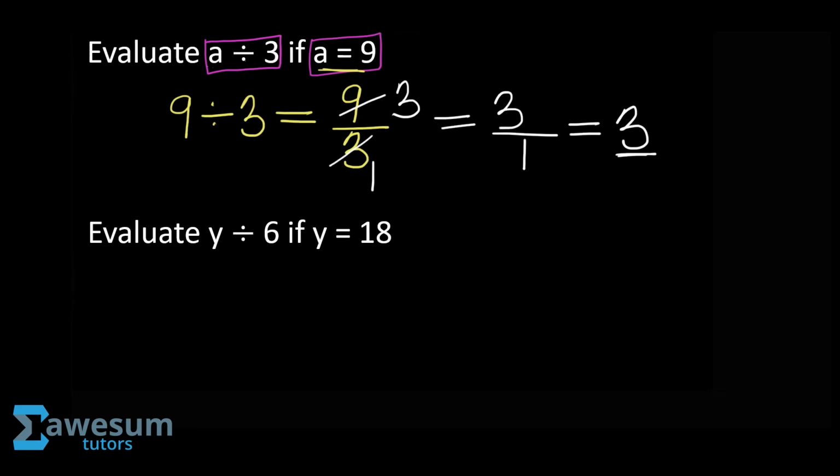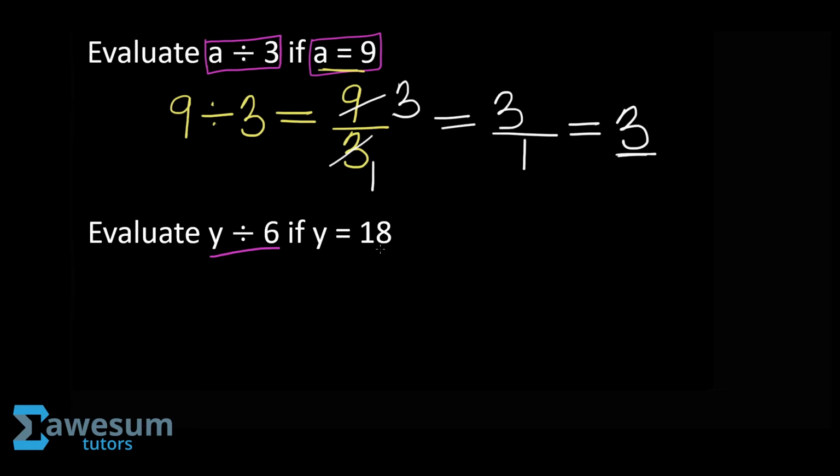Let us take a look at the second example, which says to evaluate y divided by 6 if y equals 18. So we're going to be using the same concept also.